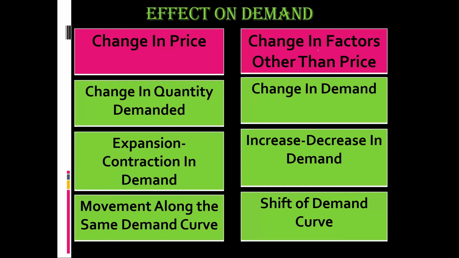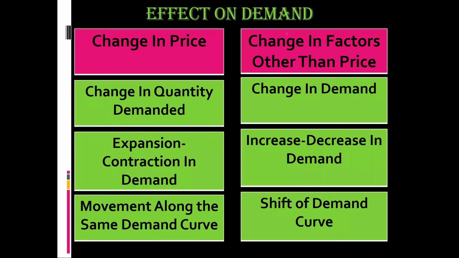Now, if it is because of change in factors other than price, it is known as change in demand. The effect on demand curve will be known as increase, decrease in demand. And another name is shift of demand curve. So these are the different names of the effect on demand.